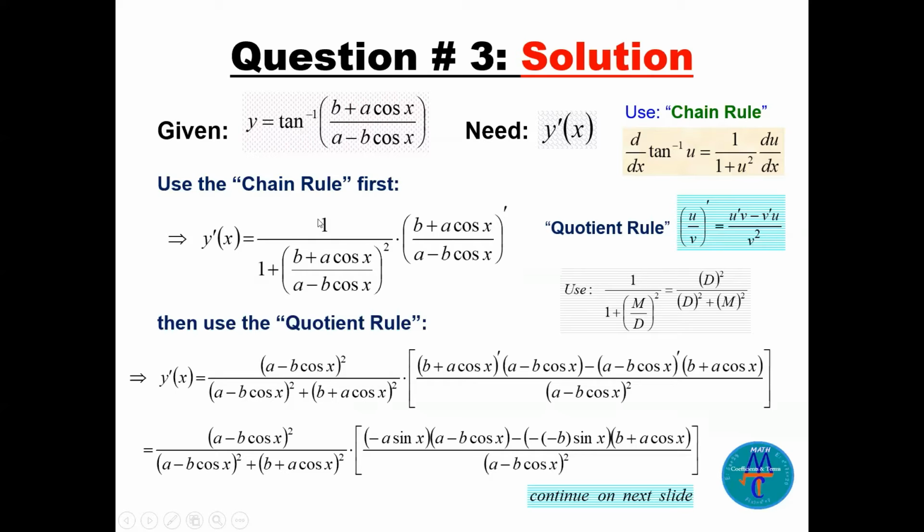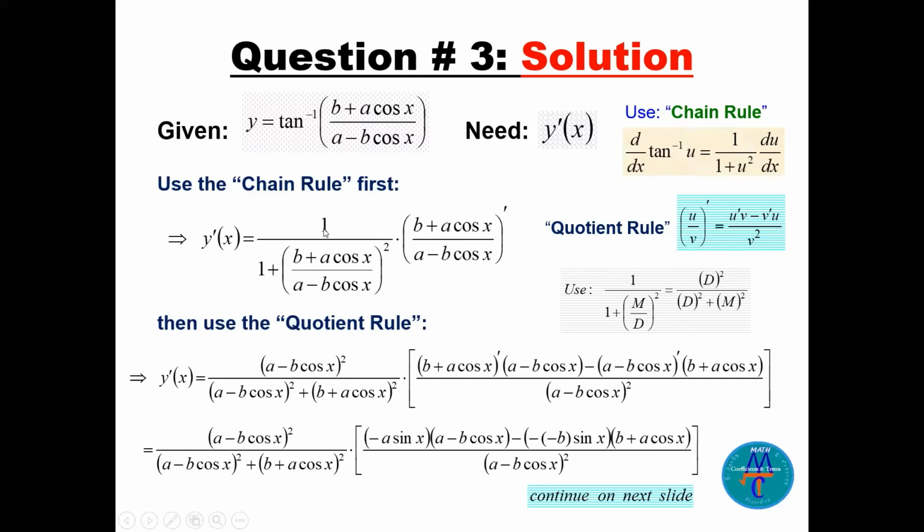So y prime will be 1 over 1 plus all this quantity here, the argument, all this quantity squared from u squared, times the derivative of all this expression. See, this is numerator over the denominator. We have to find the derivative of that. So we have to use the quotient rule, u prime v minus v prime u, all divided by v squared.